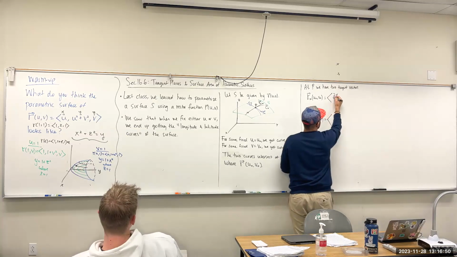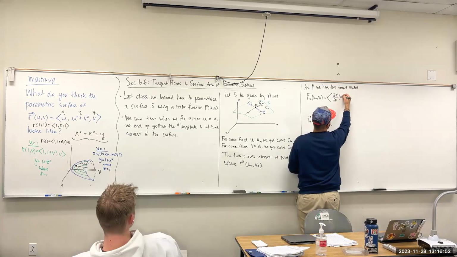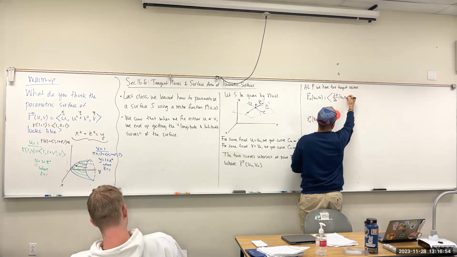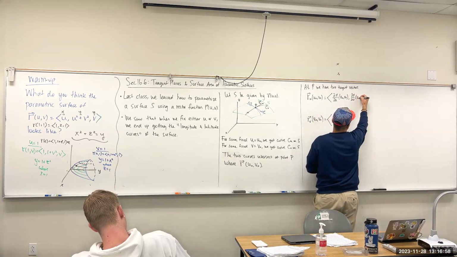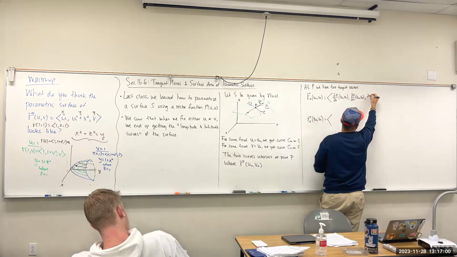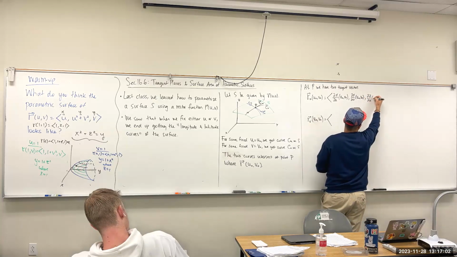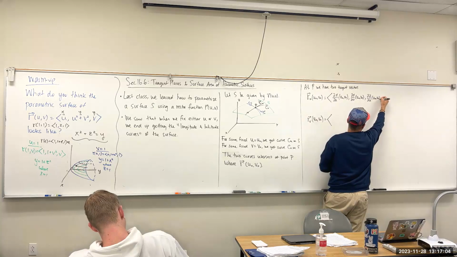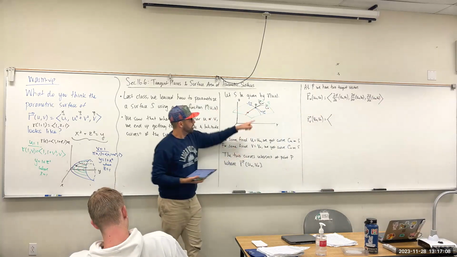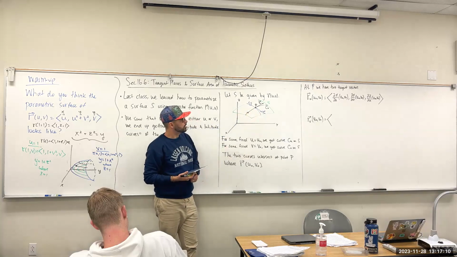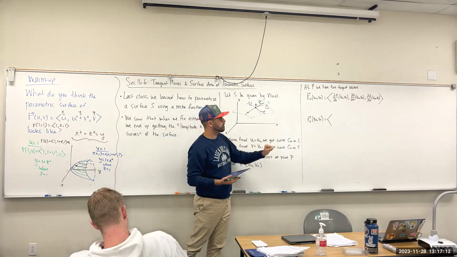We want to see how x changes with respect to u. We want to see how y changes with respect to u. And then how z changes with respect to u. And that's going to give me that tangent vector right there, once I plug in u naught and v naught.